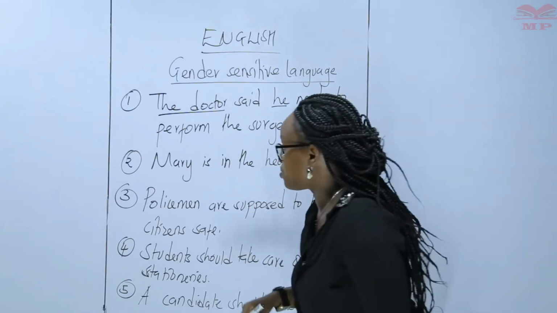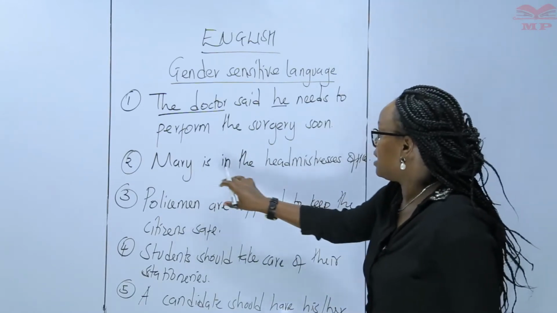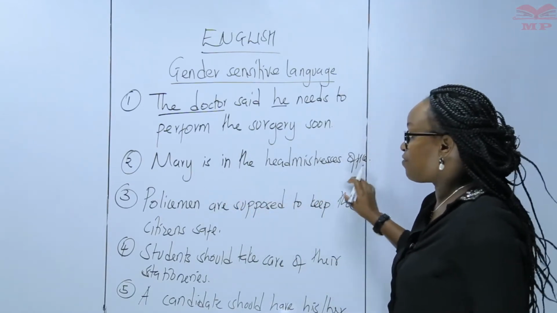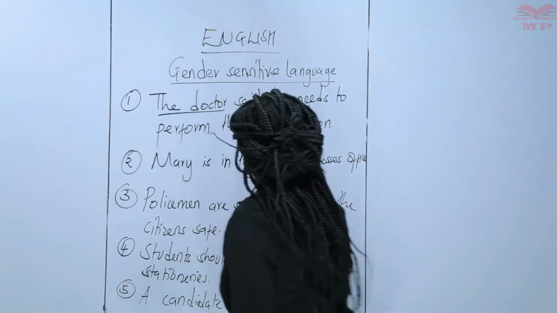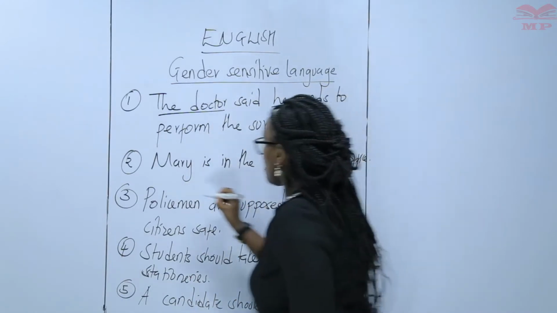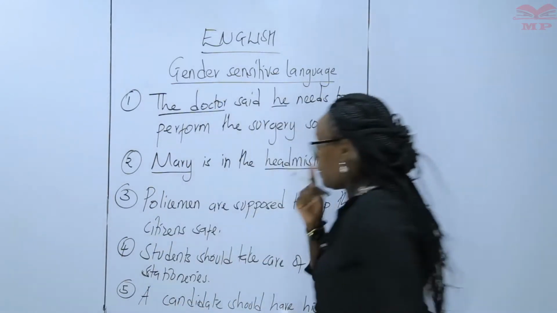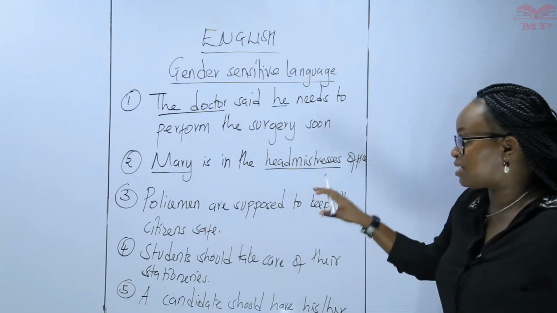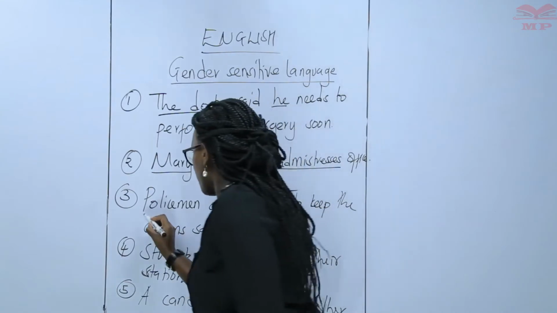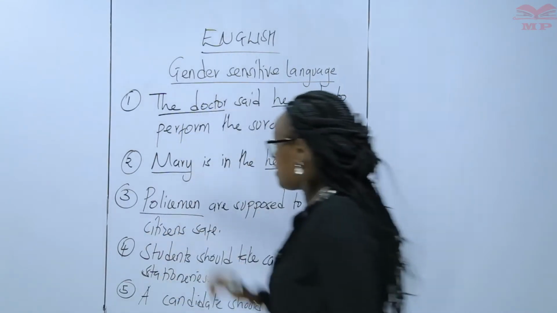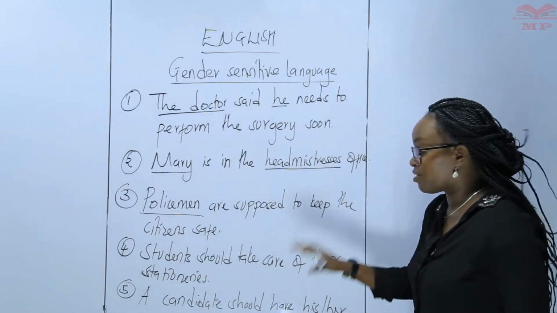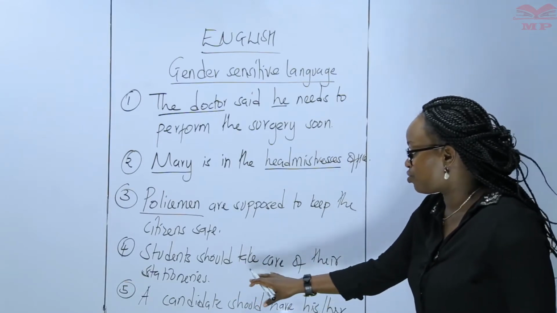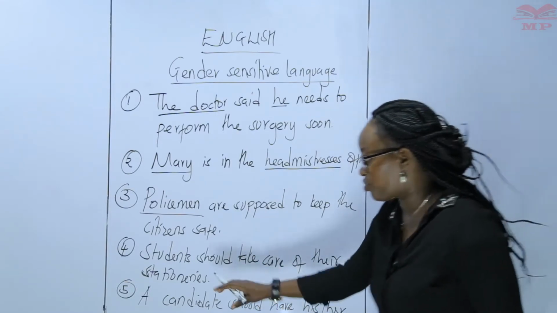Let's move on to the second sentence. Mary is in the headmistress's office. So of course we have headmistress and we also have Mary. We go to the third sentence. Policemen are supposed to keep the citizens safe. So we have policemen. The fourth, students should take care of their stationaries.